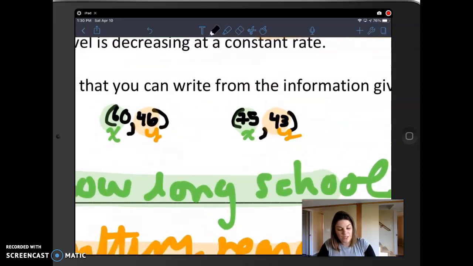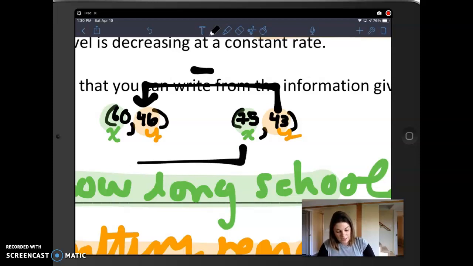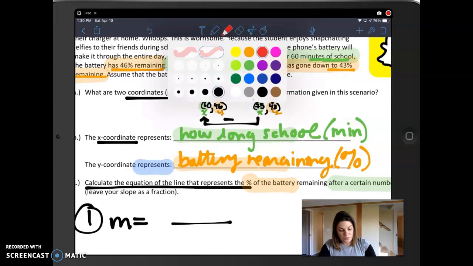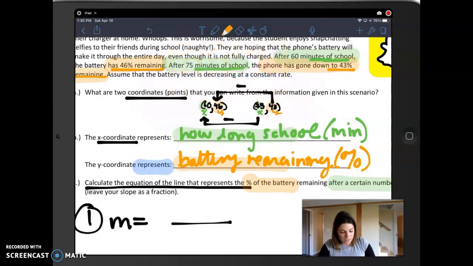So hopefully you guys remember that we use this strategy where we know we need to subtract the y's on top, and we know we need to subtract the x's on the bottom, and we set ourselves up. We know that the y's go on top and the x's go on the bottom. And so we're going to write those going the second y down back to the first y.